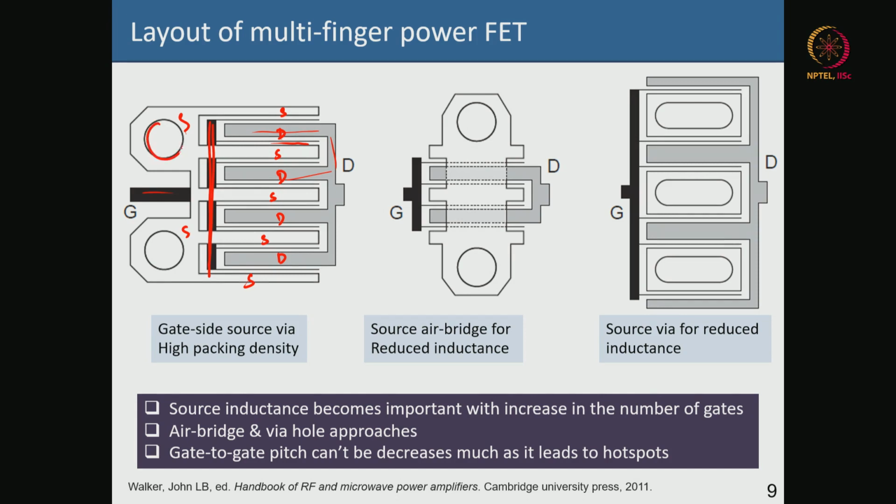This hole is called a via hole. Essentially, I will come to that also. You etch the substrate thoroughly from the back side until you see the metal on the top. So, you have a metal here, and from the back side of the substrate you etch all the gallium arsenide and whatever until you expose the metal, and then you fill it up with metal.